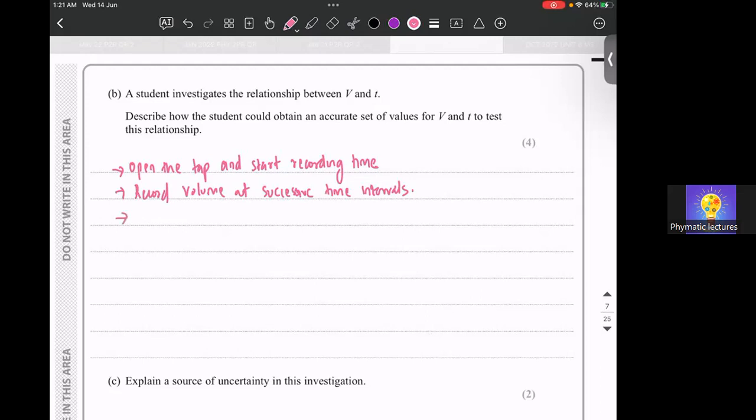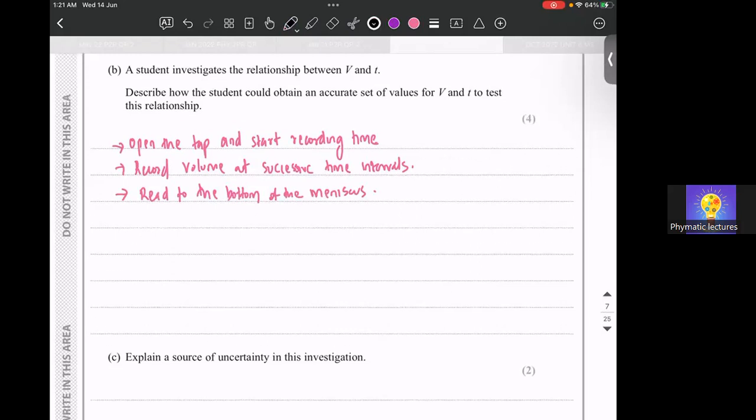How will you read this? Read to the bottom of the liquid meniscus. That is very important, otherwise error may happen.